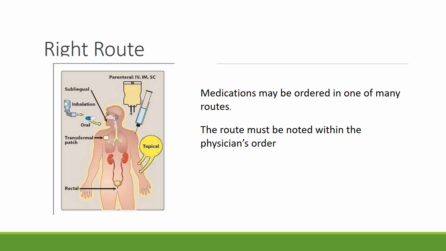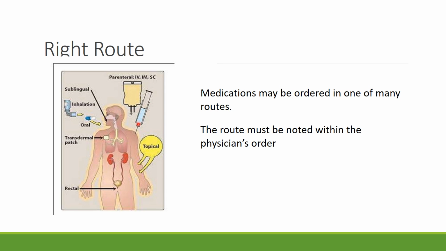Right route. There are several different routes that medication may be administered. Topical medication is like a patch or a cream that you would rub on the skin. Oftentimes that medication is absorbed systemically.